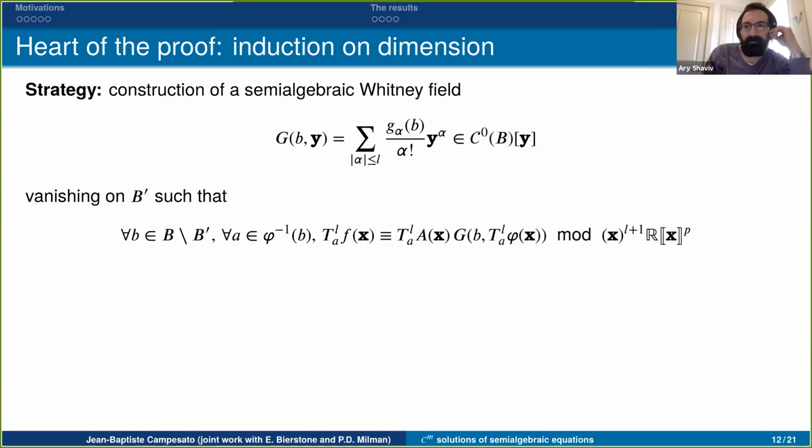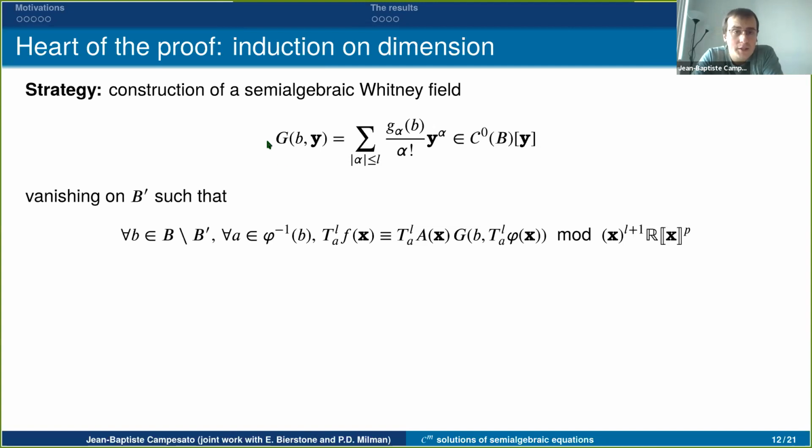Okay, so let me explain the strategy of the proof of this proposition. The idea is that you are going to construct a semi-algebraic Whitney field, and then we will apply the Kurdyka-Pawłucki-Thamrongthanyalak theorem to obtain the function G. As I said, by the induction hypothesis, the constant term of the equation is flat.